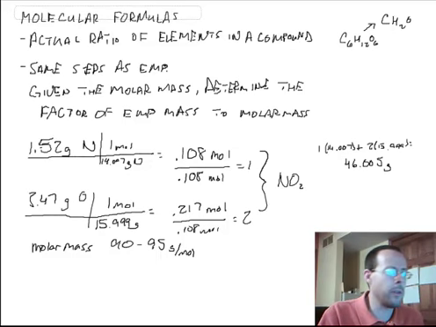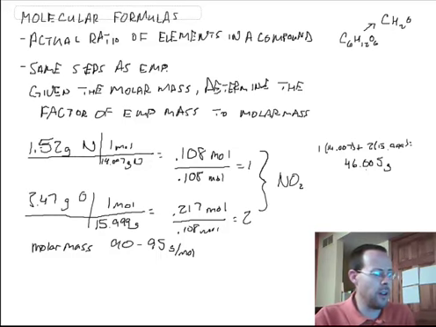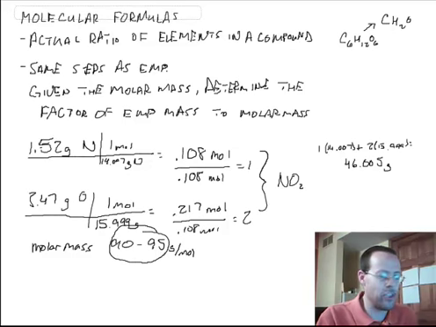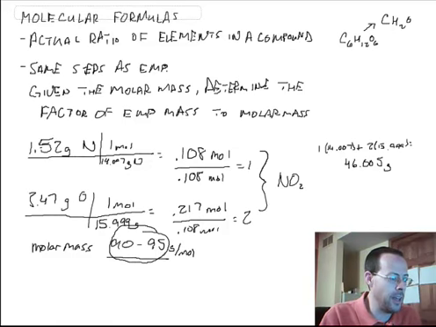Okay? So really we want to find out how many times does 46 go into this 90 to 95-ish grams per mole. Alright, so we're really just going to put 46 in the denominator and get an approximation. So how many times does 46 go into 90 to 95-ish? It goes in approximately 2 times.